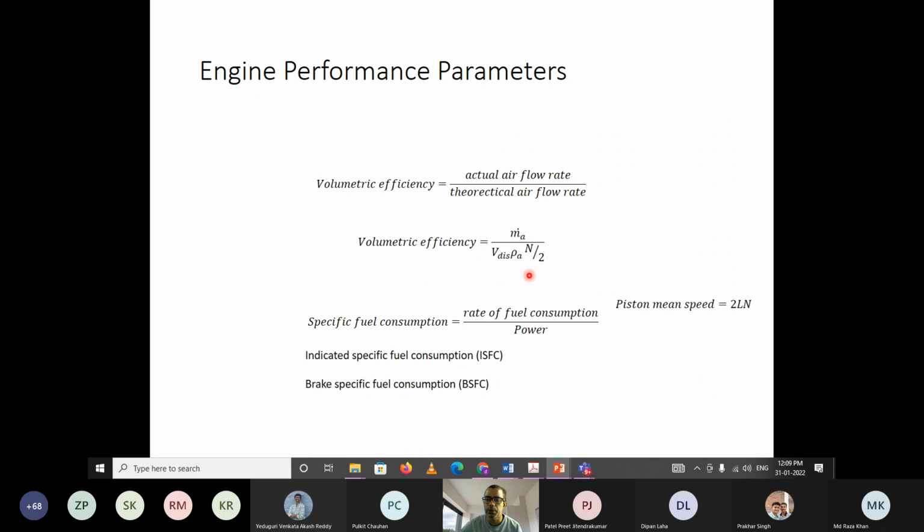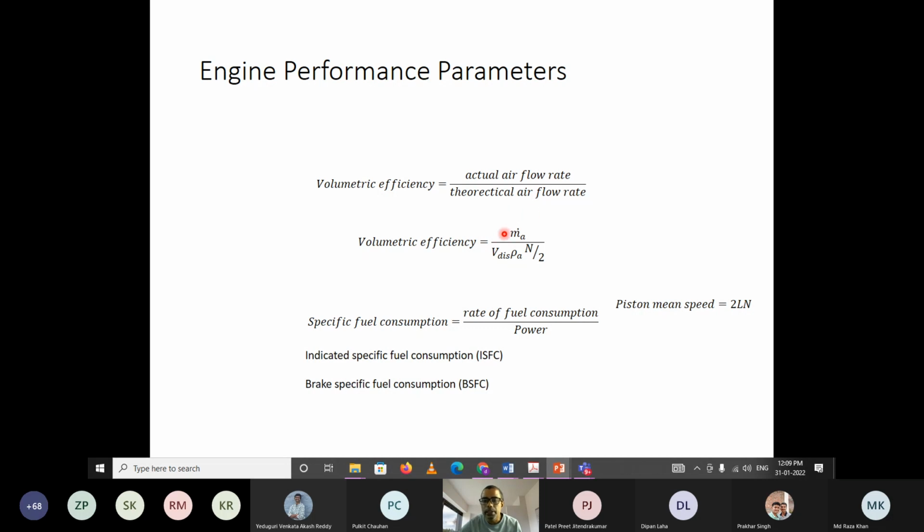If it is a 2-stroke engine, where there is one intake stroke per revolution of the crankshaft, it becomes only N. In that way, we can calculate the capacity of the engine to accommodate air at a given speed, which gives the theoretical air mass flow rate.